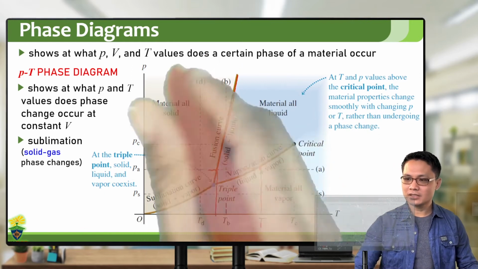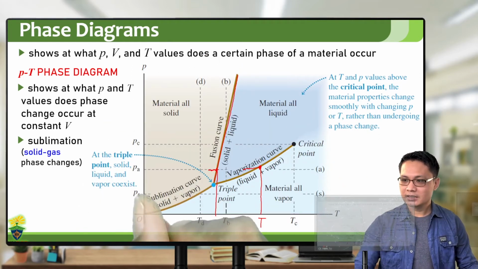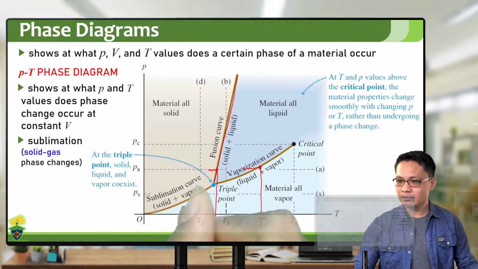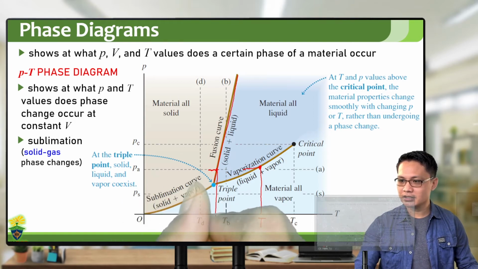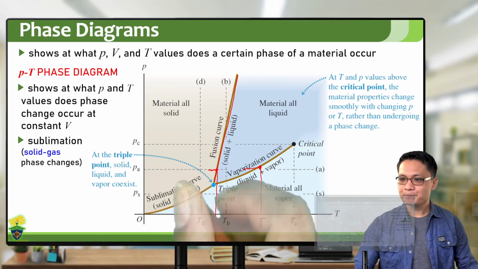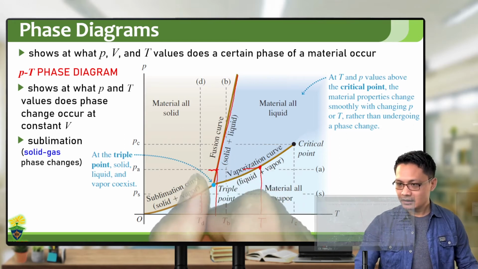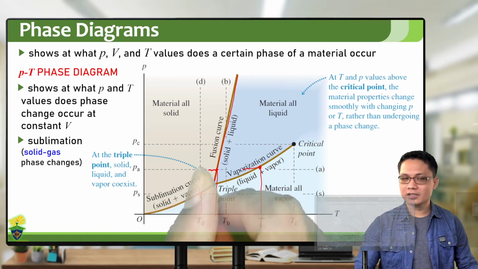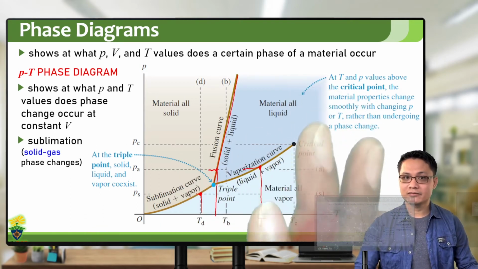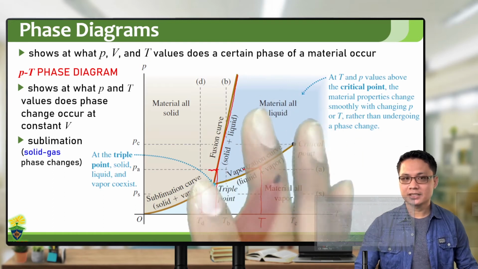And so with the sublimation curve, again with the same principle. For example, at this specific pressure PS and at this specific temperature TD, there exists both the solid and the vapor state of this material.